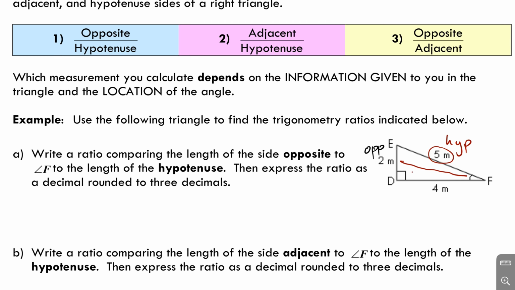That's the longest side, across from the 90-degree angle. So I can create my ratio, opposite over hypotenuse, and I just use 3 letters for shorthand. That ratio is 2 for the opposite divided by 5 for the hypotenuse, and 2 over 5 is equal to 0.4.